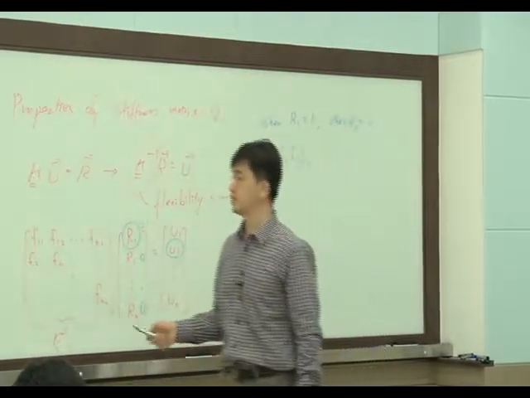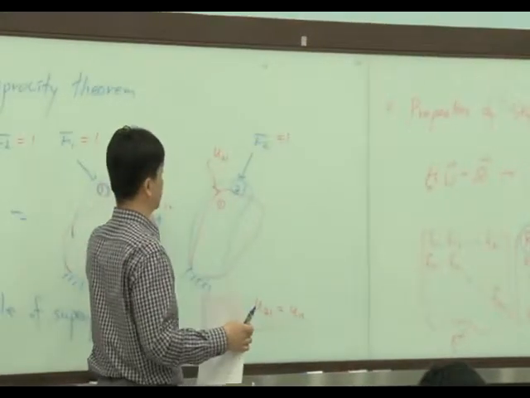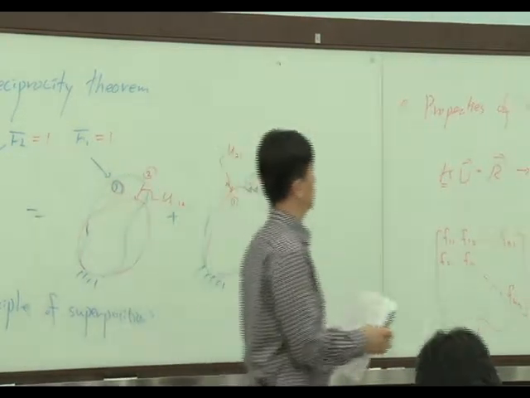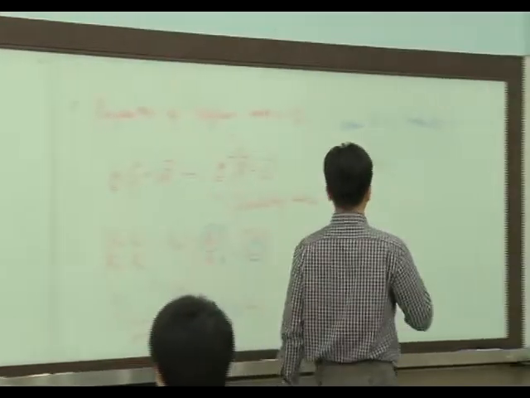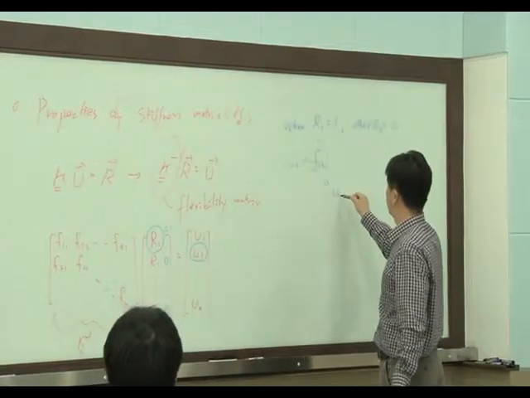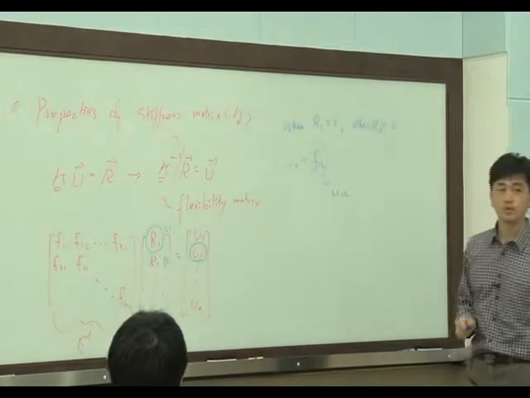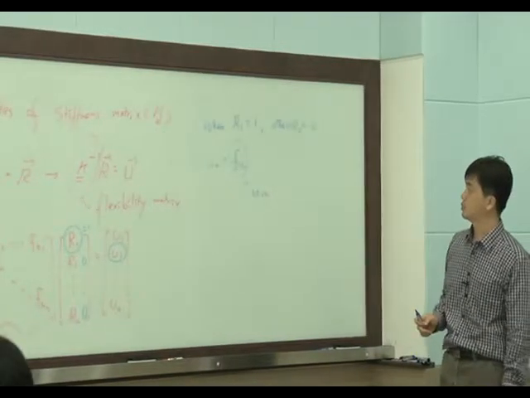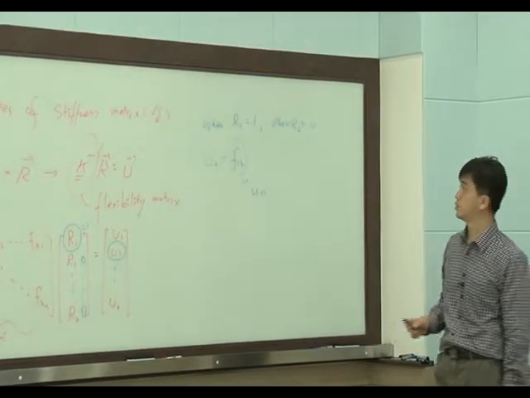So this is the same as U12. In Maxwell reciprocity, F12 is equal to U12.